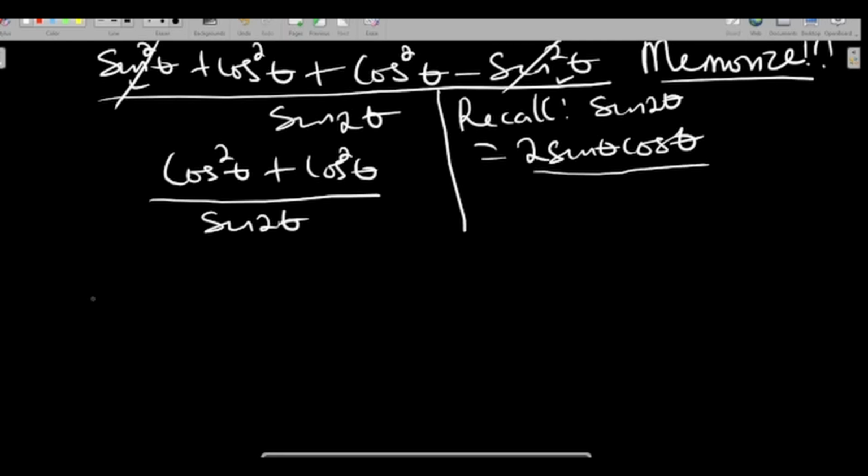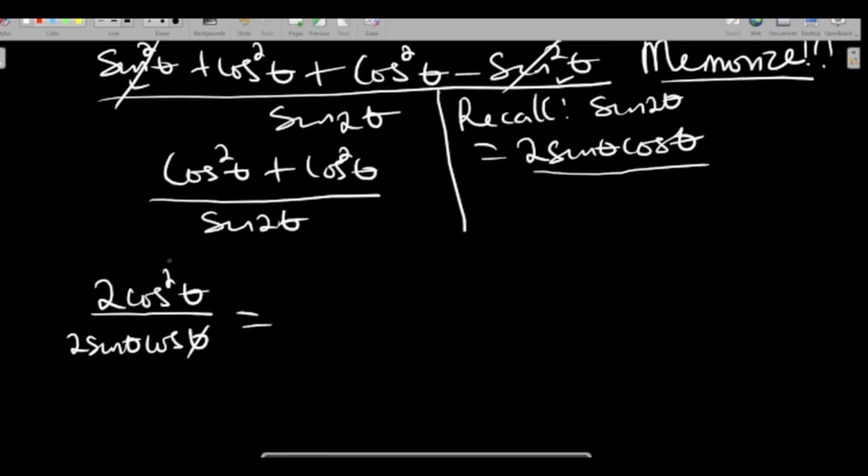This is now going to be, at the top, cos squared theta plus cos squared theta will give you 2 cos squared theta, because they are the same, and since they're adding up, you now have 2 of them at the top, all over, at the denominator, 2 sine theta cos theta.